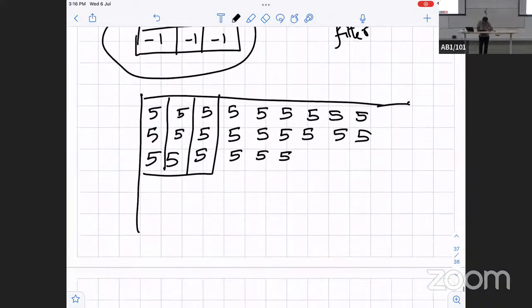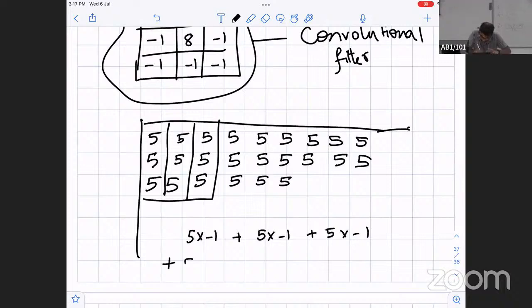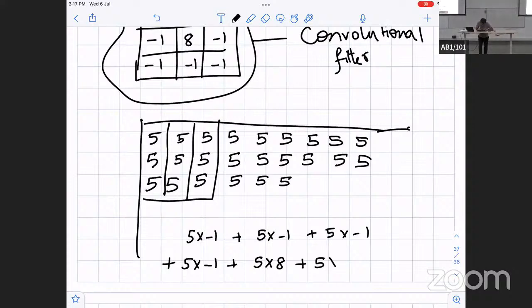I will get 5 into -1 plus 5 into -1 plus 5 into -1 plus 5 into -1 plus 5 into 8 plus 5 into -1, like this. What is the value I get? Anybody? 0, right? So you'll get a value 0.